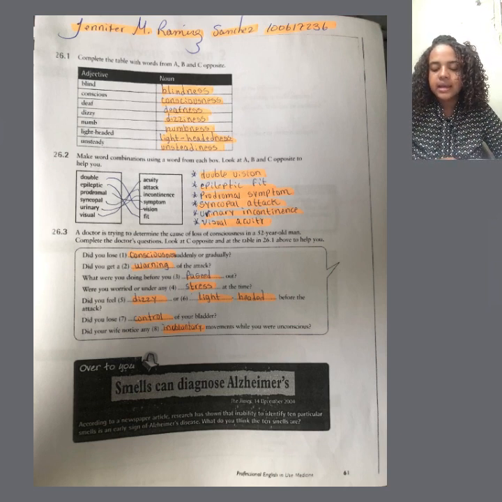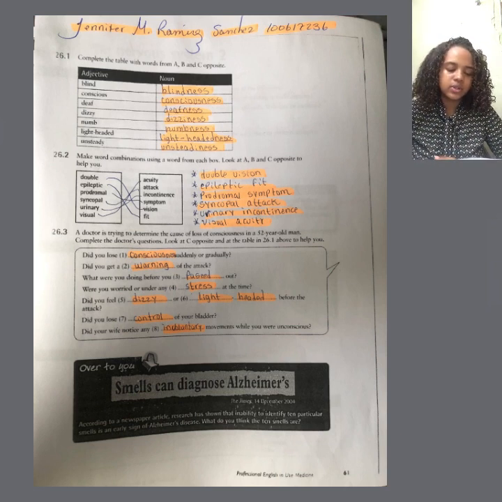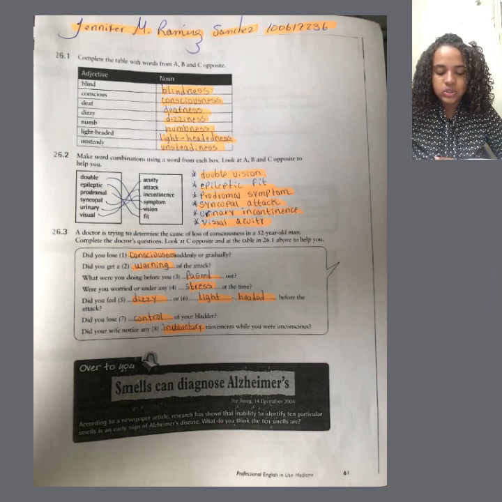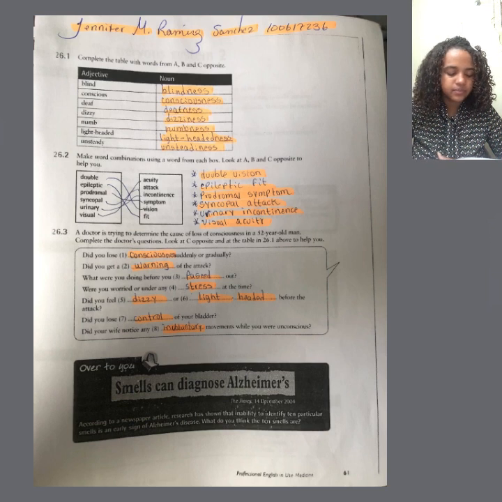Look at A, B, and C opposite to help you. Double vision, epileptic fit, prodromal symptom, syncope, visual acuity.